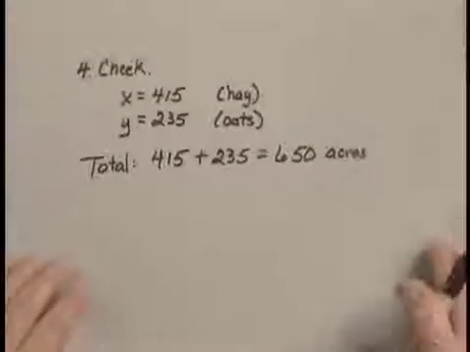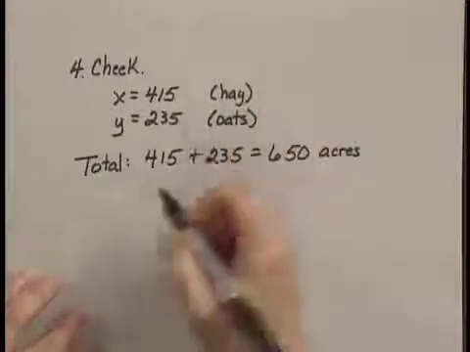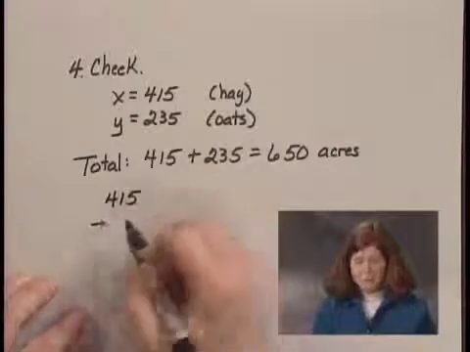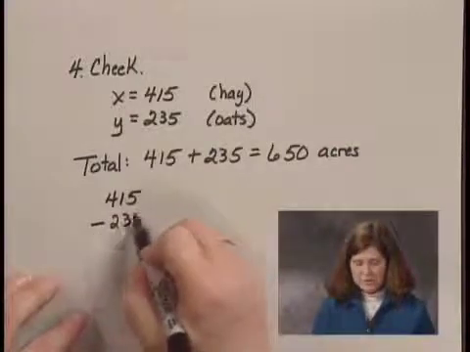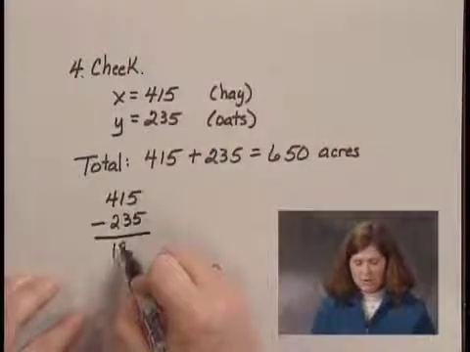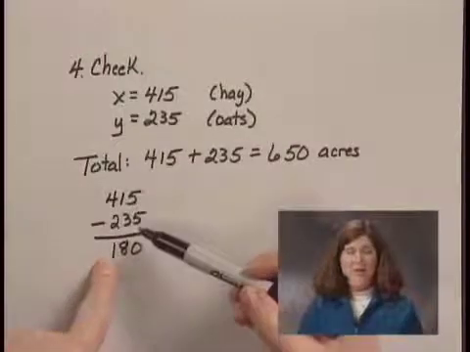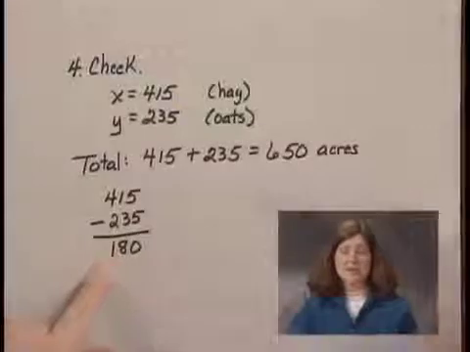So let me take the number of acres of hay, subtract the number of acres of oats, and I get 180. So there are 180 more acres of hay planted than of oats. So that checks as well.